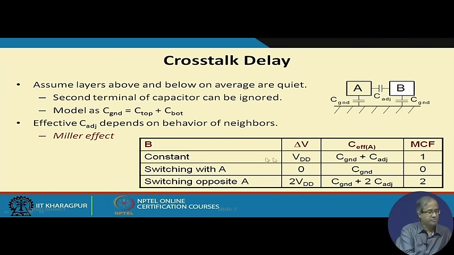When one of them is constant and the other is switching, the effect is more, we represent it as 1, but it is most severe when they are switching in the opposite direction, we represent it by 2. So, usually when we analyze a circuit with respect to crosstalk, we can designate the different situations by different MCF values, so that you can identify which MCF value is more crucial and needs immediate attention. Okay.